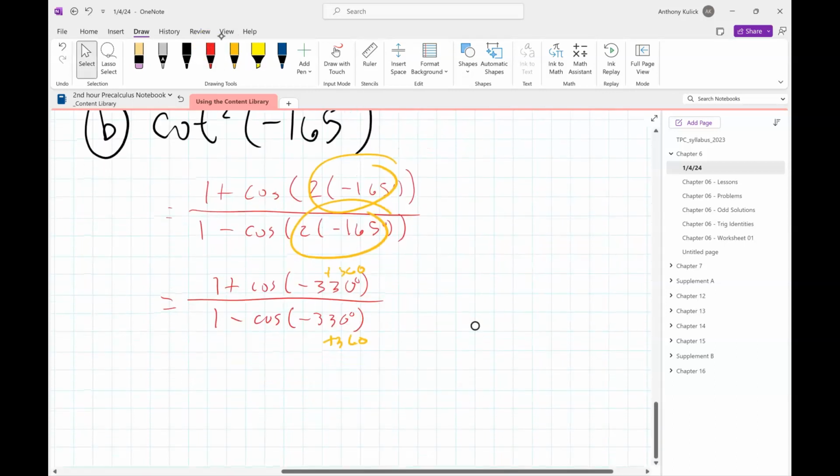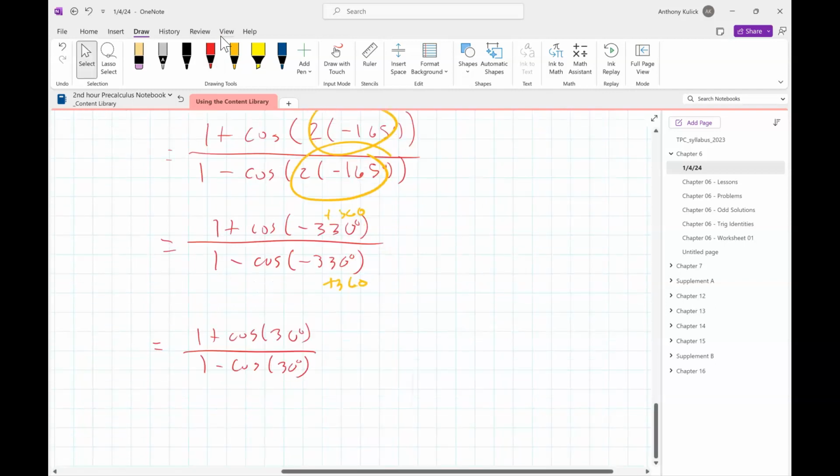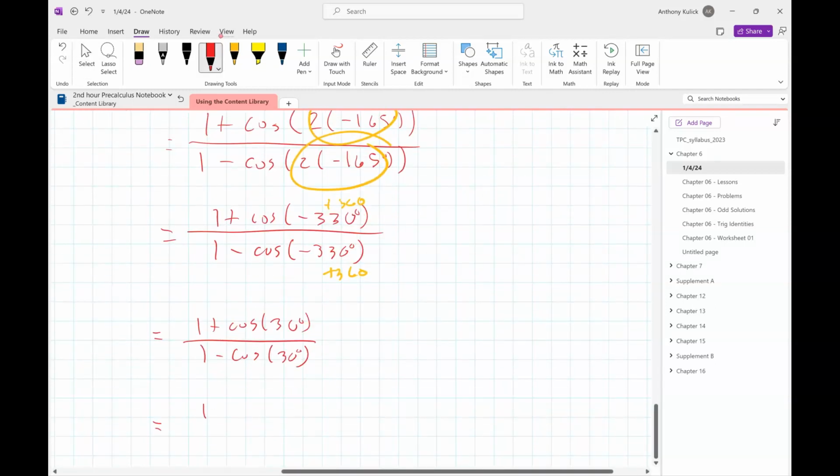Absolutely. That's the way I would handle that. Everybody feel good there? Okay, when I go to my unit circle and I look up cosine of 30, that's root 3 over 2.